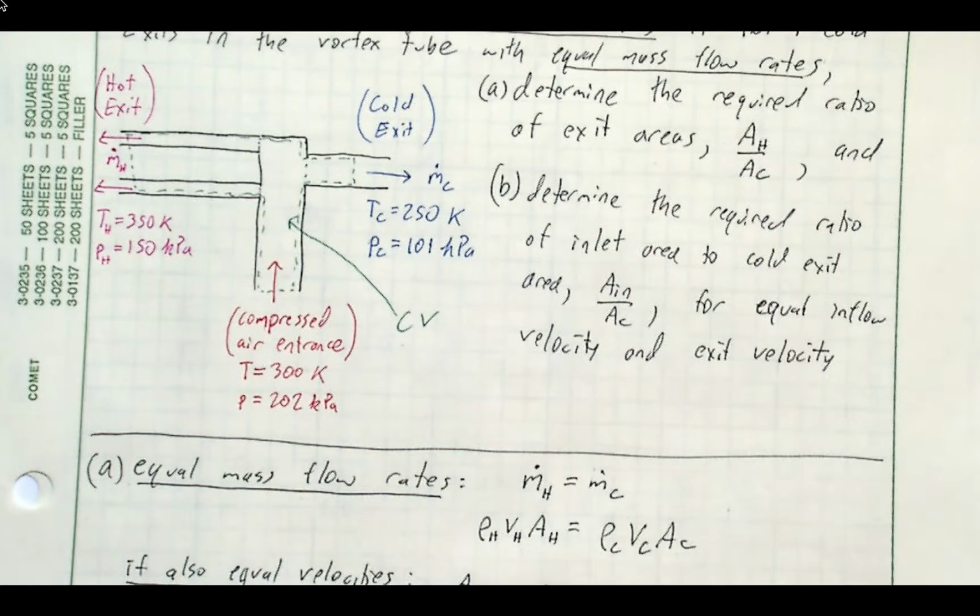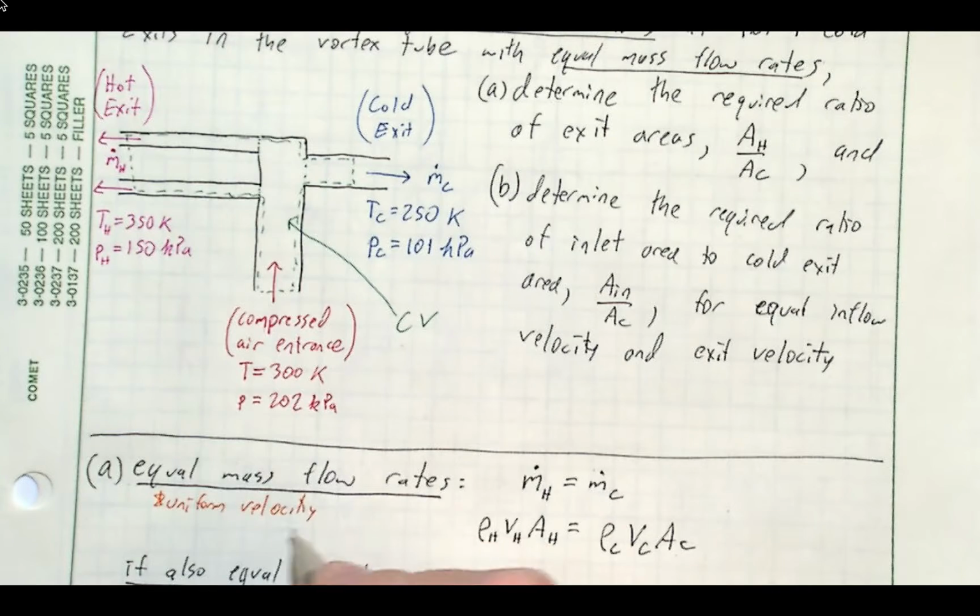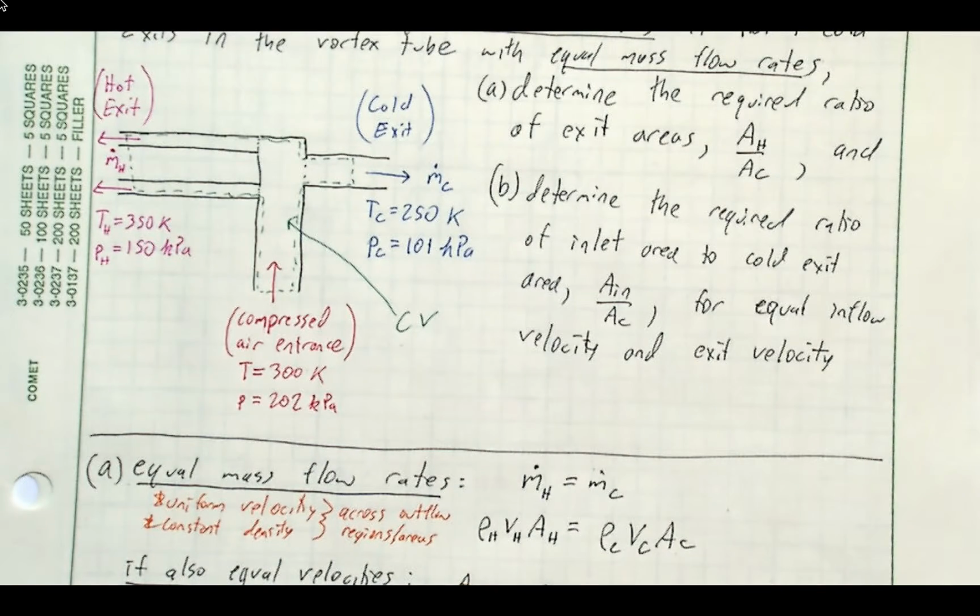So we do have assumptions in here: uniform velocity and constant density across the outflow regions or areas. Right, so for any of the particular areas of interest, this is true.